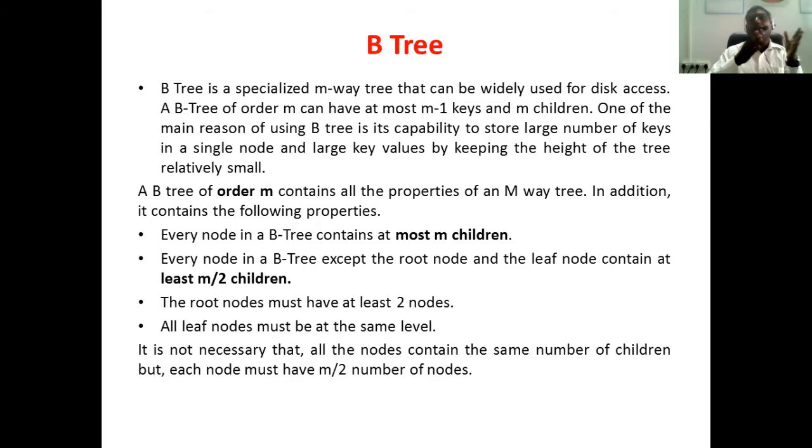So B-tree is a specialized form of multi-way tree. In a multi-way tree, one particular node consists of several data.